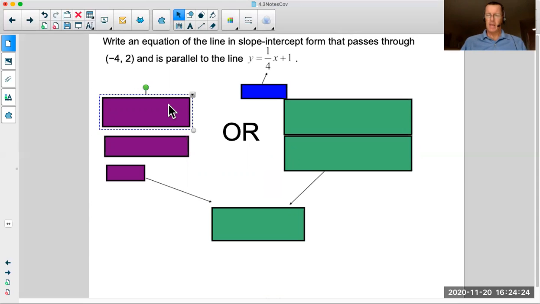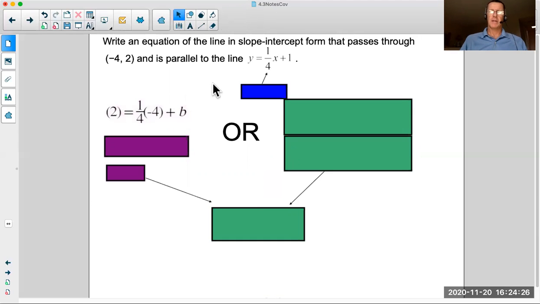But anyway, if you decided to go the quick way, you noticed that the slope of this one was 1/4. And since the line we have to write the equation for is parallel to this one, we know we have the same slope, so our slope is 1/4 also. And I know I go through negative 4, 2, so I can plug in 2 for y, negative 4 for x, and then solve for b.